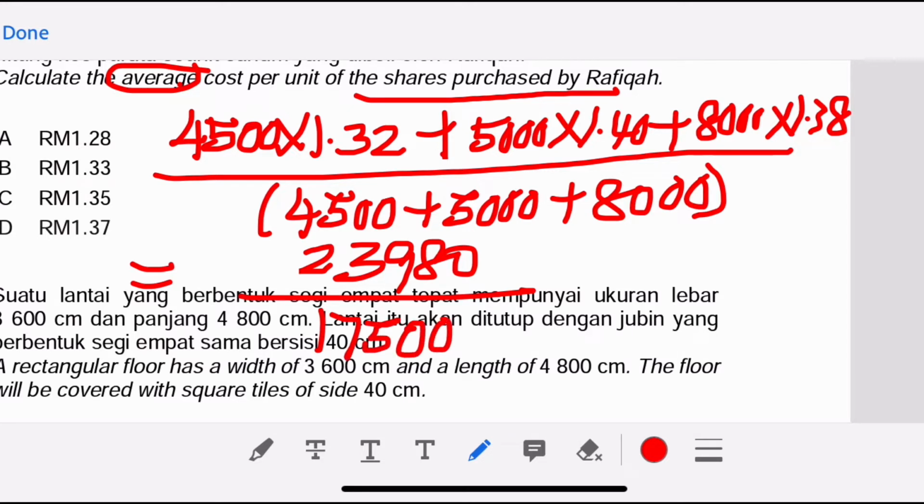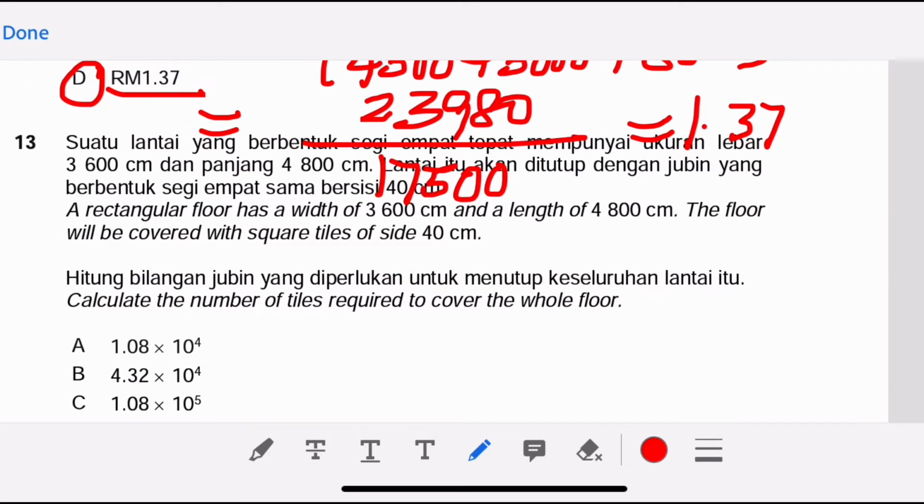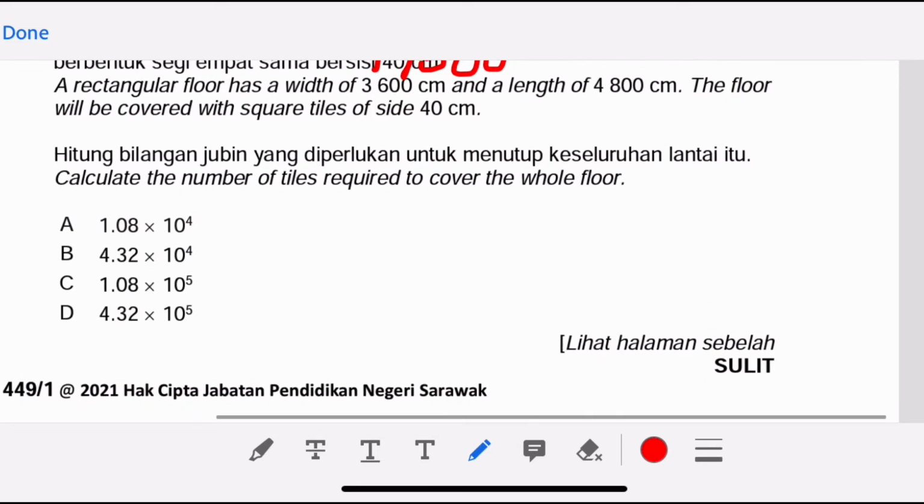So the price per piece will be 1 ringgit 3702, so it will be 1 ringgit 37 cent. Make sure you press the calculator carefully to get the answer, which is 1 ringgit 37 cents. Alright, let's proceed to the next question.